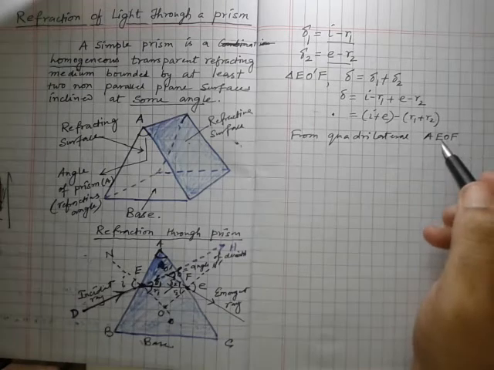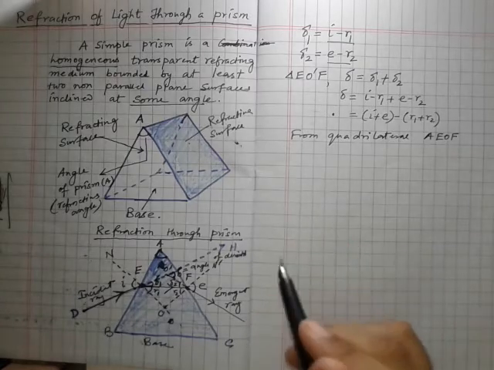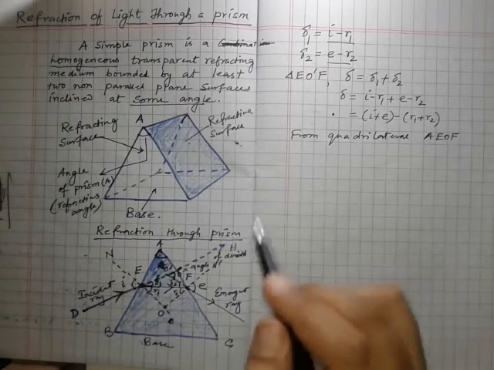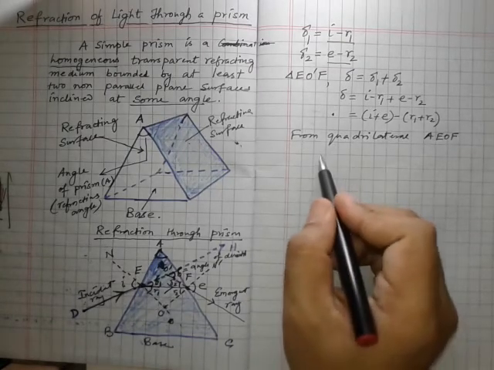What can you write about a quadrilateral? The sum of all the angles of a quadrilateral is 360 degrees.